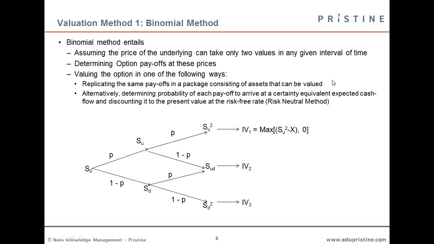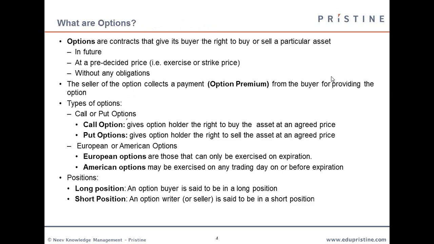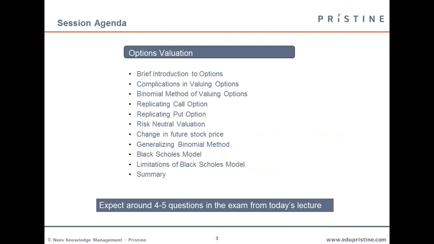Binomial method, this is the first method of valuation that we are going to discuss today. The FRM paper, I forgot to discuss that. In the FRM paper, you can expect around 4 to 5 questions from today's webinar discussion. Options valuation is one of the important topics in the FRM level 1 exam.